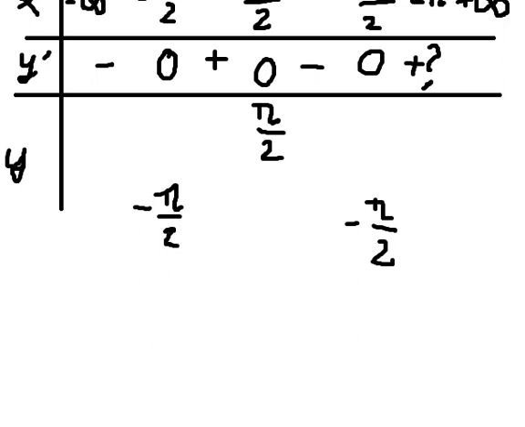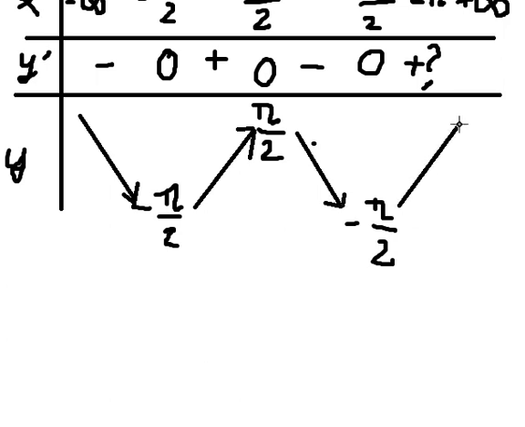And we know that this is negative infinity, so we go in this way. Because this is positive, the function will increase. This one is negative, so it will decrease. And this one we have increase again.